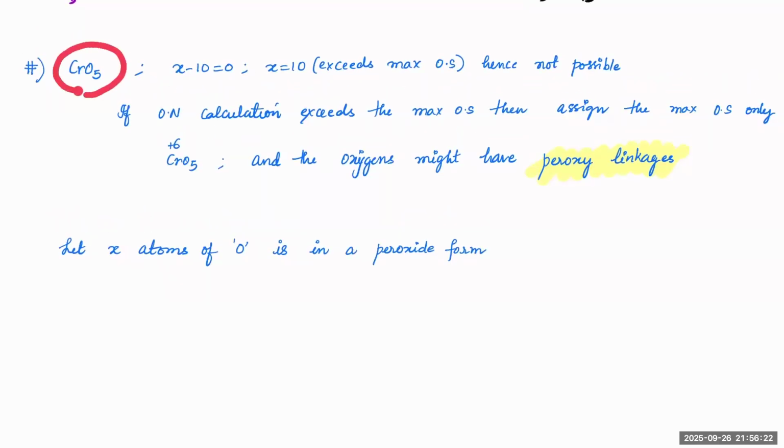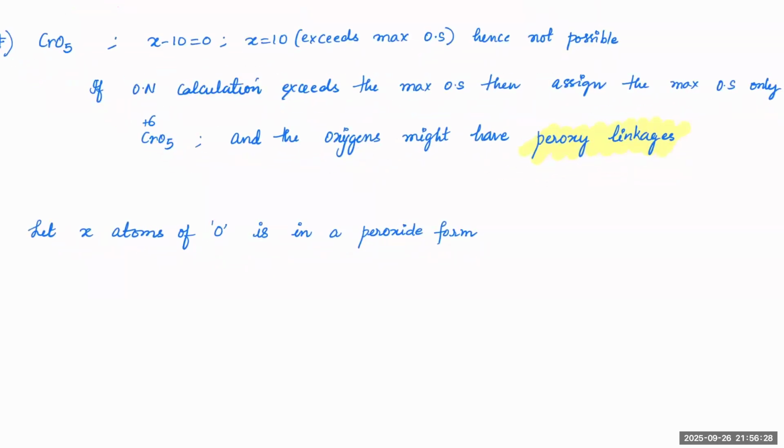Suppose I have CrO5. If I go with the traditional algebraic equation, I would be writing it as x minus 10 equal to 0 and x is equal to 10. But actually, this is exceeding the maximum oxidation state which chromium can attain.